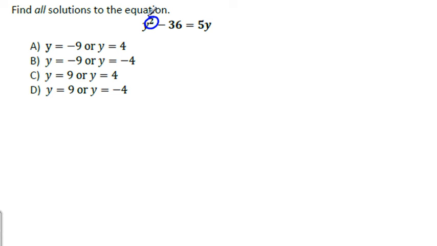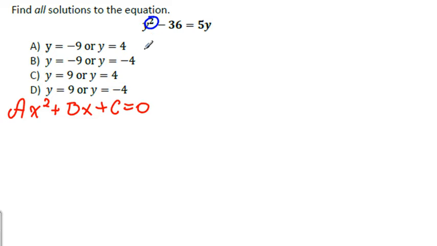In order to do that, the first step is to set the equation equal to 0 and write it in the standard form. Let me remind you what that means. Standard form is ax squared plus bx plus constant term c equal to 0.